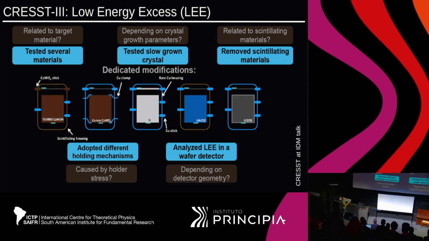So there are these clamps or holders that can introduce mechanical stress, or can produce events. Let's say that you have an event here on the clamp, and then that goes into your sensor, but only deposits a fraction of the energy, not the full energy of the event. So that can also produce this low energy excess.